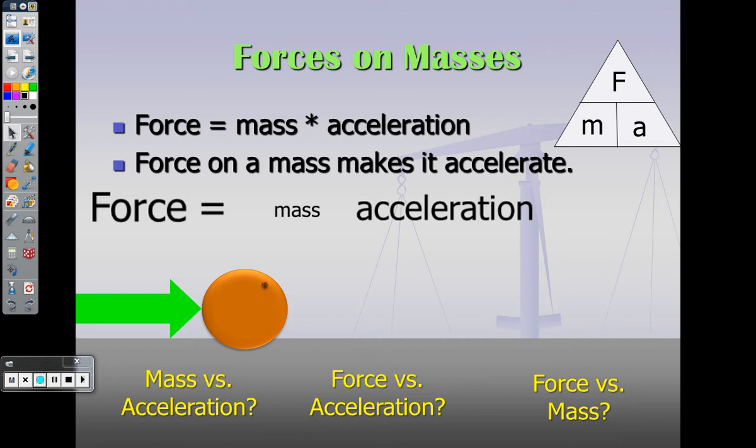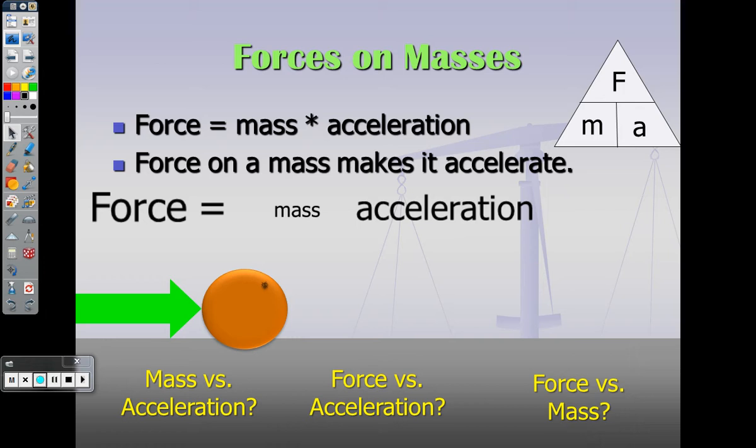What's going to have to happen to the force? It's going to have to increase, right? So if we get a bowling ball here, which increases the mass, in order to move that at the same acceleration, our force has to increase. Okay? So force and mass are directly proportional as well.